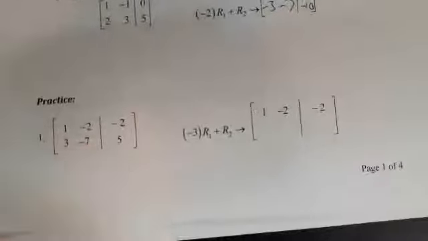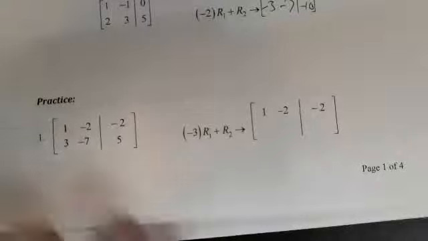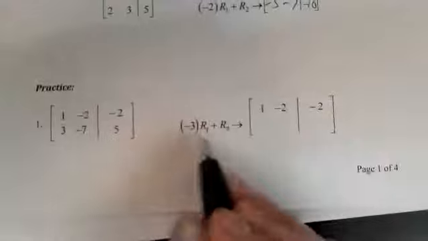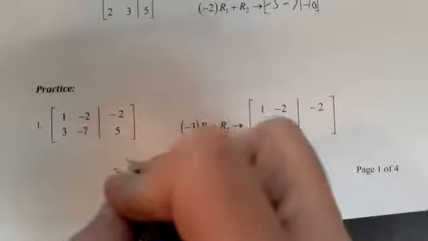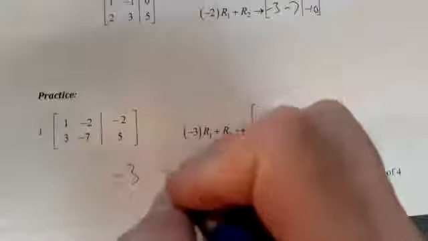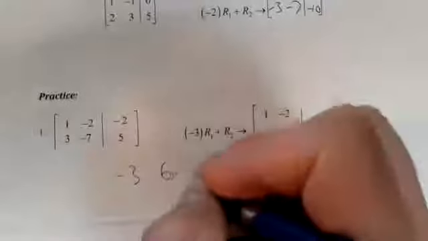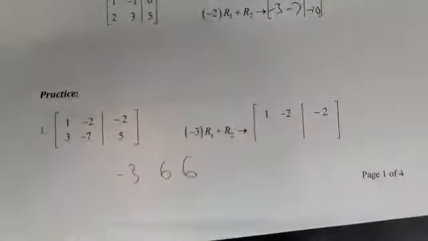Okay, so now I hope you pause the video just for a second and do this right quick. We want to do minus 3 times row 1 plus R2. So minus 3 times row 1, the three numbers I'm looking at are minus 3, 6, 6, and I want to add that to row 2.